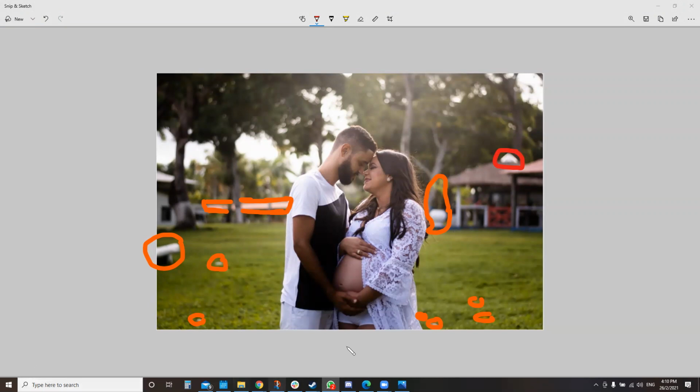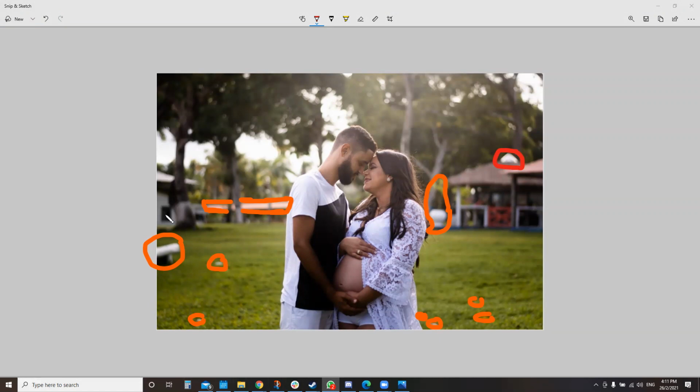Okay, so these are the things that are distractors. The tree, the house here, this house here, they are all background things that are part of this photo. They are not distracting you from the focus of this image.